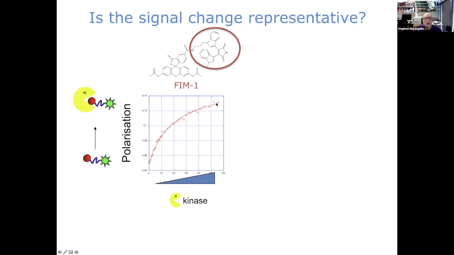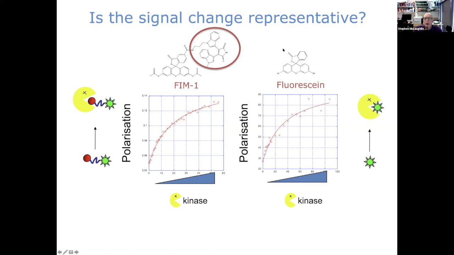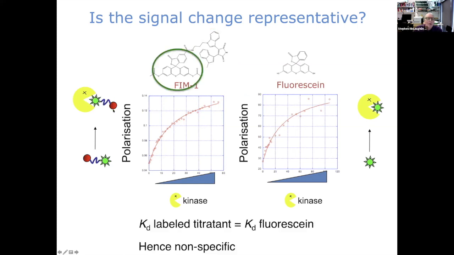That all looks pretty good. But what happened when we put the control in, just this fluorescein here, you saw exactly the same. So what was actually happening was that the compound here, which is supposed to bind into the active site, wasn't binding in there. But the fluorescent group was actually binding in there. So it was just non-specific.